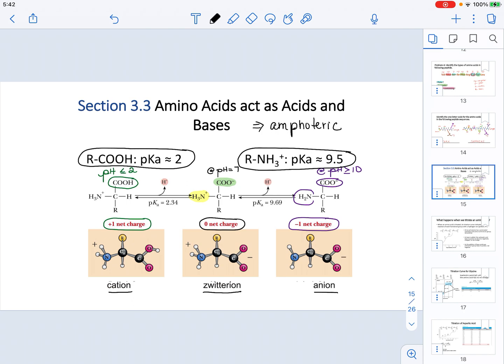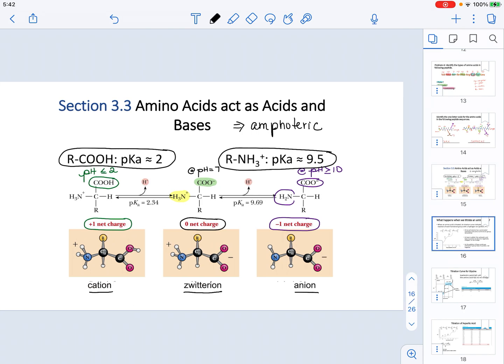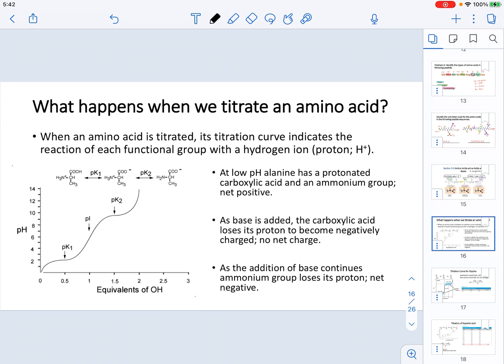So you may be asking yourself, why is this important? Well, understand that because we have observed before that molecules that have these properties of acids and bases can undergo titration in experiments, one of the things that can happen is that we can titrate an amino acid.